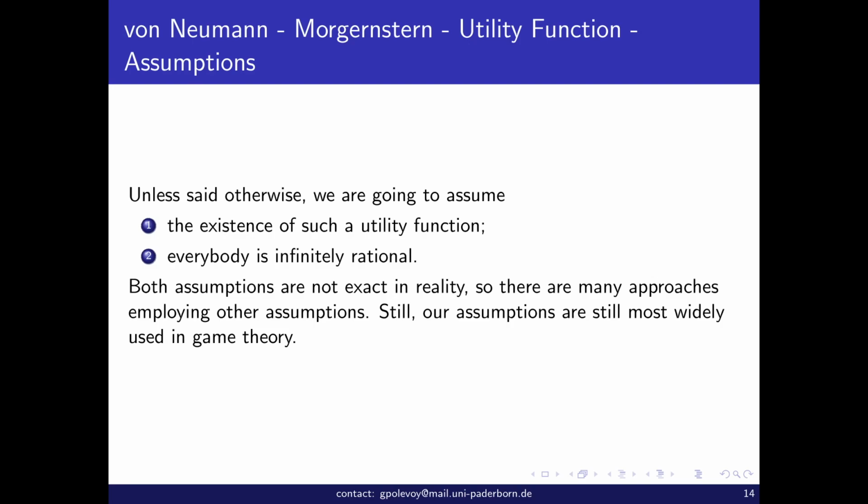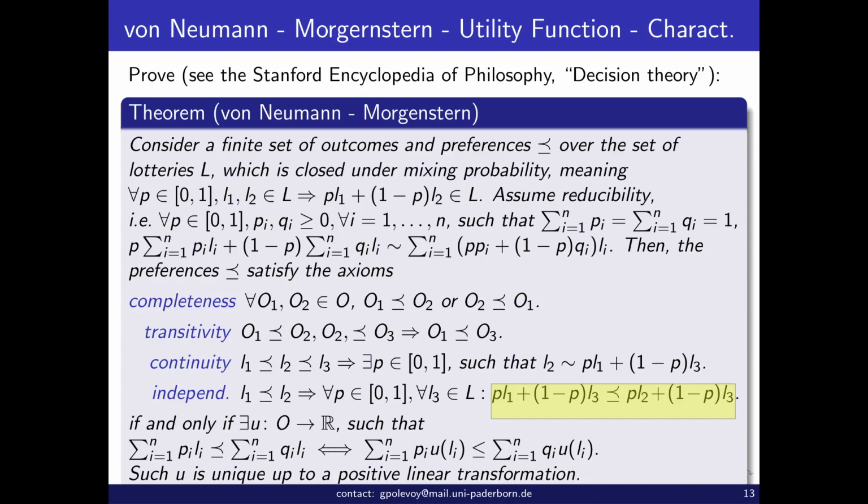Okay. So as I've said, unless we've said otherwise, we're going to assume the existence of such a utility function, and also that everyone is infinitely rational, so everyone does whatever is in his or her power to maximize according to her utility. The utility may be stupid from our point of view, but the utility function fulfills those axioms, and the people are infinitely rational.